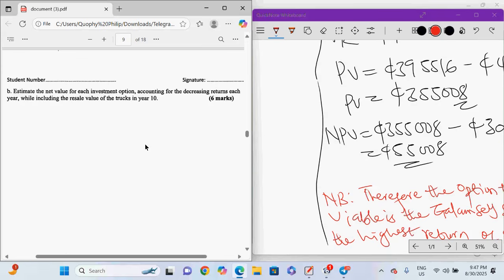The B is: estimate the net value for each investment option, accounting for the decreasing return each year, while including the resale value of the trucks in year 10.